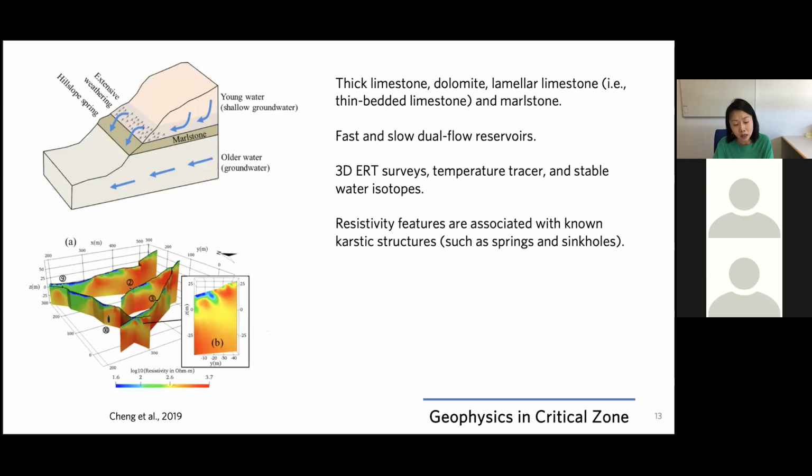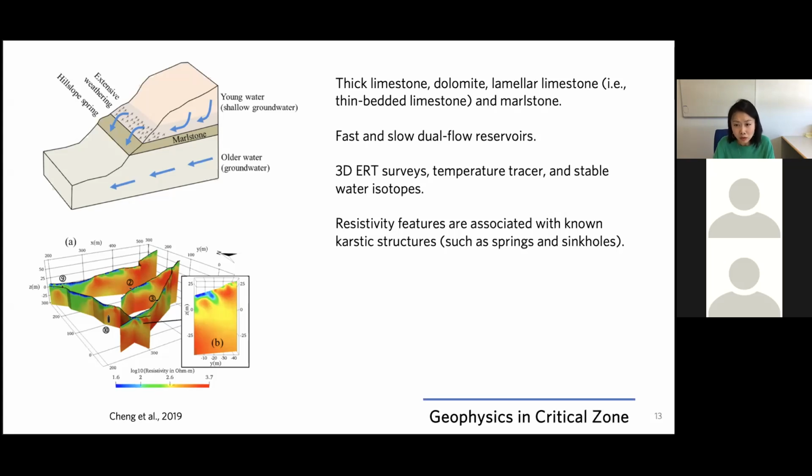And the authors used a 3D ERT survey, combined with temperature tracers and stable water isotopes, to identify the fast and slow flow regime reservoirs in this watershed. They also used the resistivity, combined with other information, to reveal the permeability distribution.